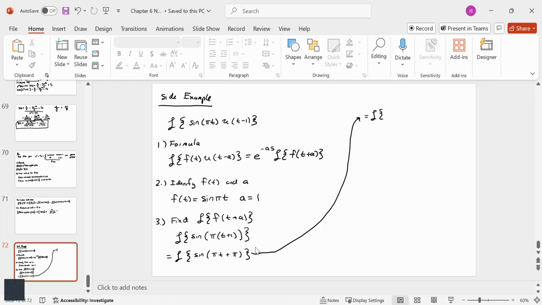And it's the sum difference rule of sine. So if you were to use the sum difference rule of sine, sine of x plus y would be the sine of the first term, pi t, times the cosine of the second term, cosine of pi, plus the cosine of the first term, pi t.